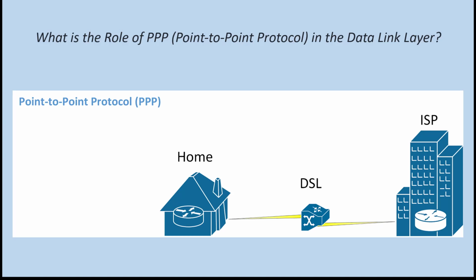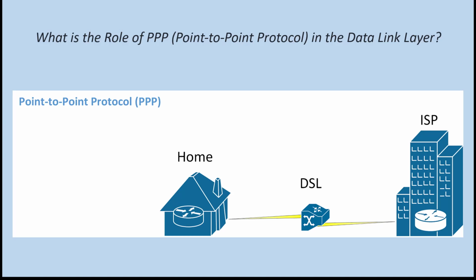Imagine you're going online or using DSL, that's PPP taking the spotlight. It's the magic working behind the scenes, letting your device talk directly to your internet provider. It's the trustworthy link, ensuring your connection is safe and standardized.